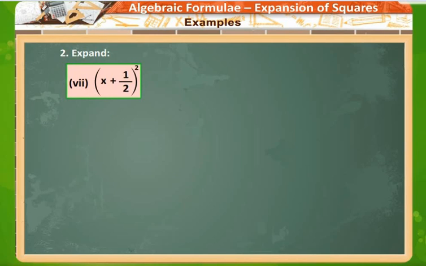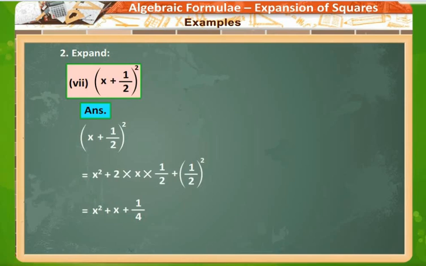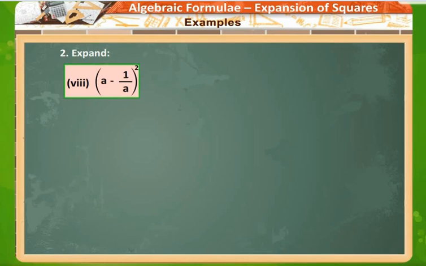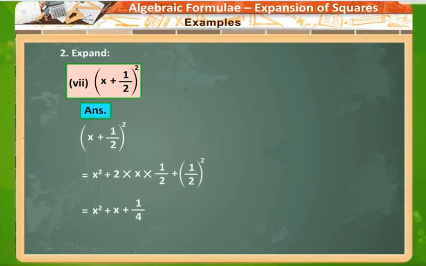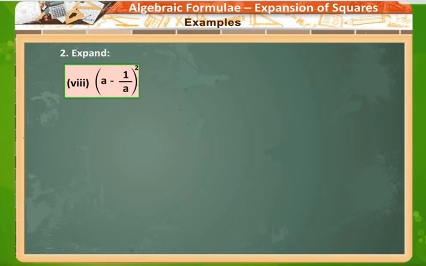So this will be written as (x + 1/2) the whole square is equal to x^2 + 2 × x × 1/2 + (1/2) the whole square, which is going to give you x^2 + x + 1/4. All the sums are the same, you just have to apply the formulas.